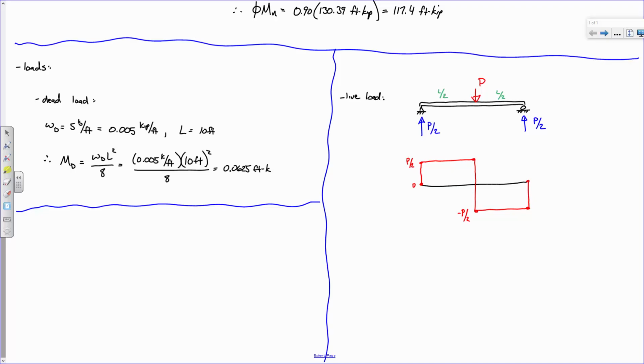Back up, right? Then we take the area under the shear diagram. So this rectangle is P over 2 tall and it's L over 2 wide. So it's PL over 4. This is positive PL over 4 minus PL over 4. So that's the shear diagram. The moment diagram, we start at 0.